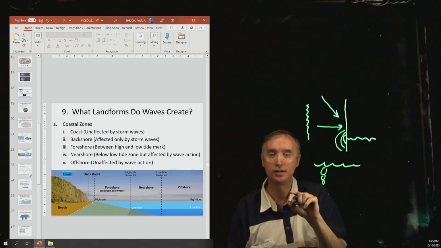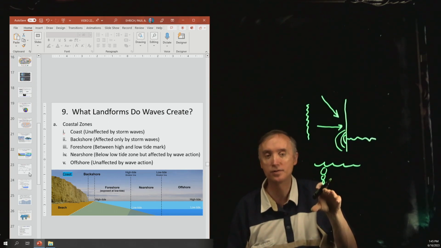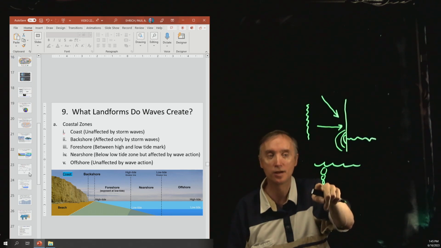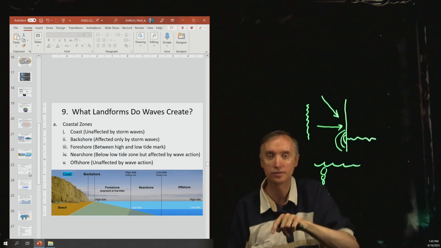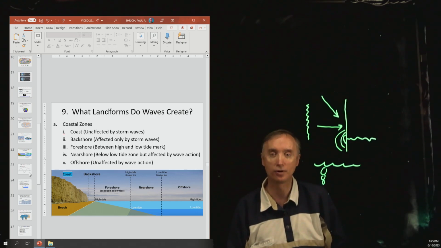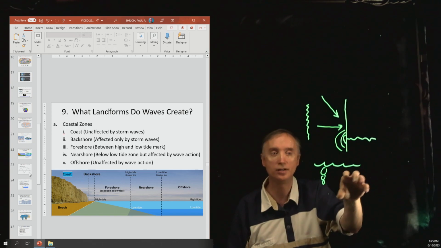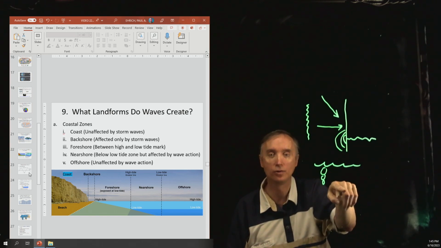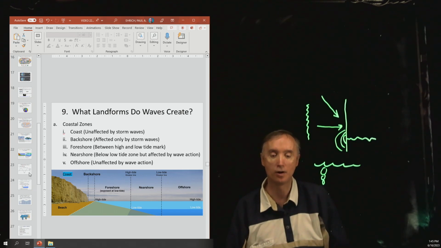So the nearshore is always underwater, but the bottom is affected by wave action because of these circles. And then the offshore is so deep that even these circles are not touching the ocean floor, and that's the offshore.